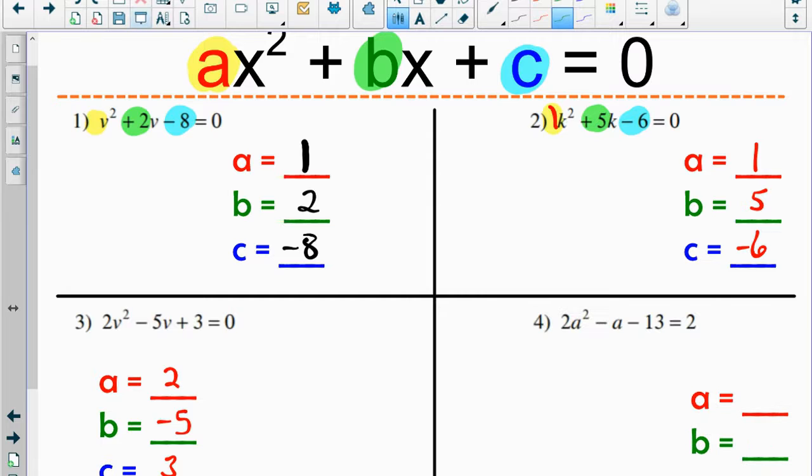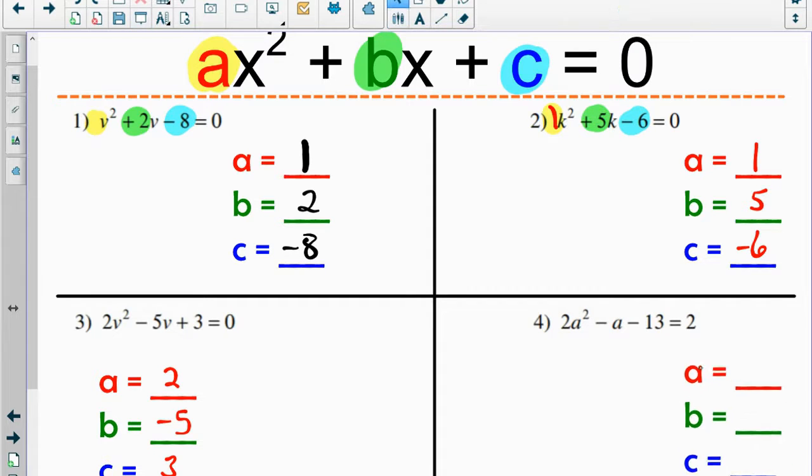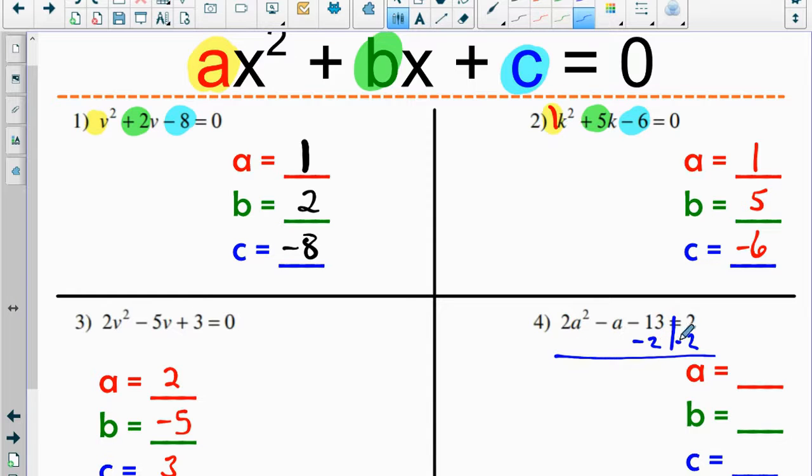Pretty easy, right? Well, let's take a look at example number 4 and see how we do. The problem with example 4 is our equation's not in standard form. Did you notice that it doesn't say equals 0 at the end? It says equals something else. The first thing we want to do is subtract the 2 from each side. Now, what do I subtract it from on this quadratic side? Well, it's a constant term, so I subtract it from the other constant term.